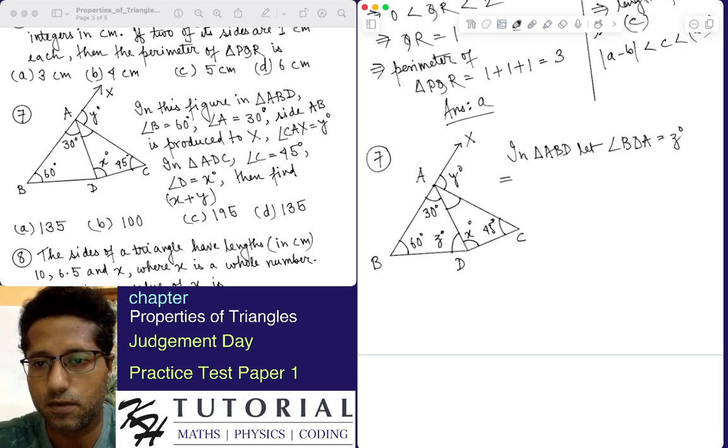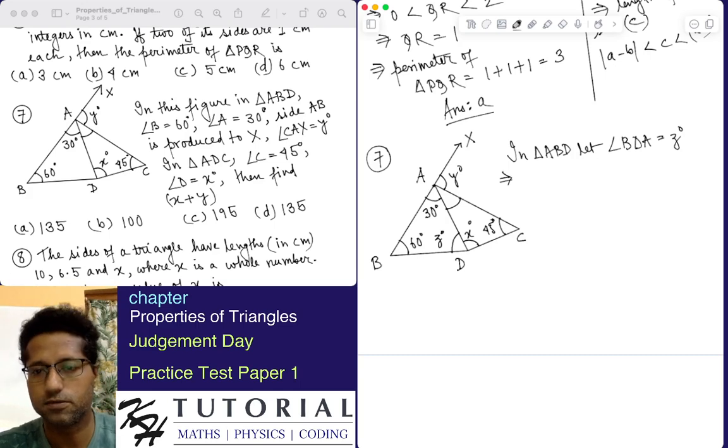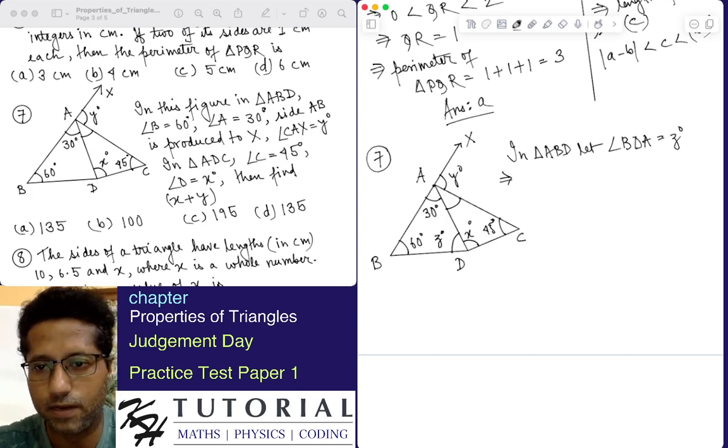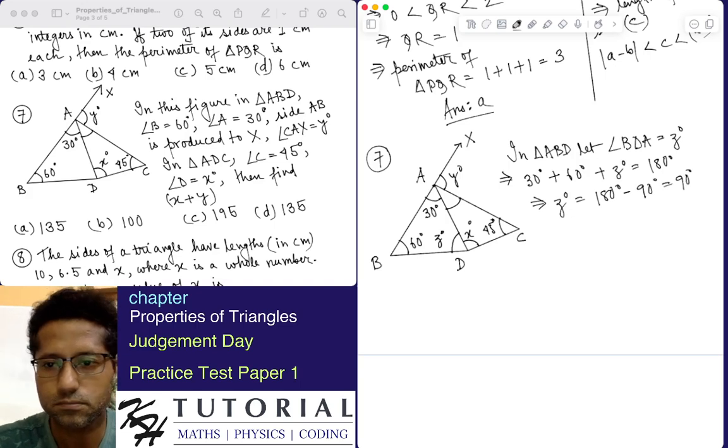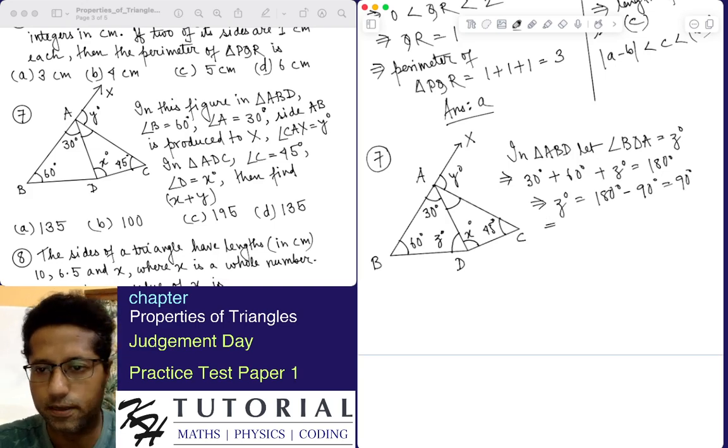In triangle ABD, the sum of the angles must be 180 degree. So 30 degree plus 60 degree plus Z degree equals 180 degree. So Z degree is 180 degree minus 90 degree, that is 90 degree. So Z is 90.